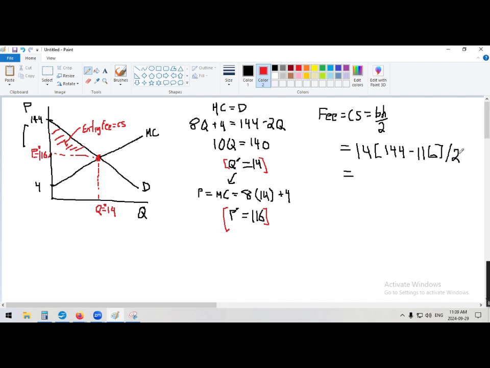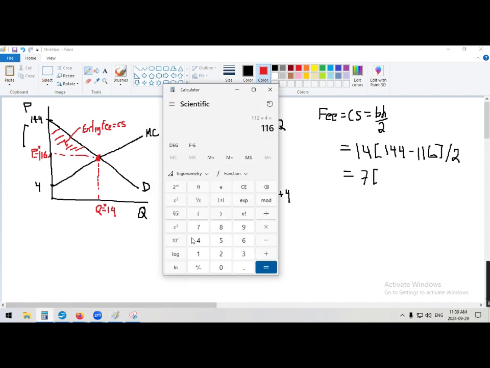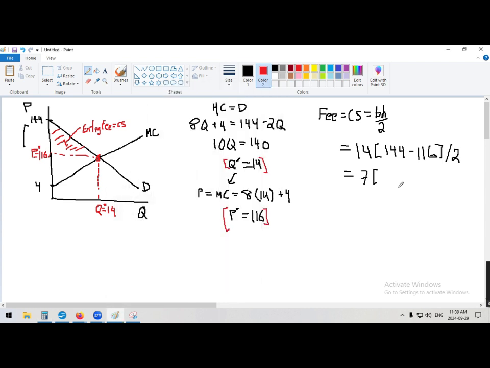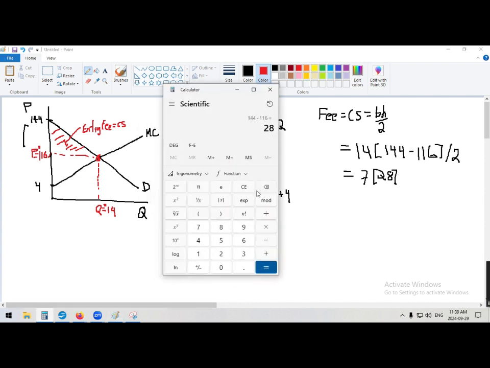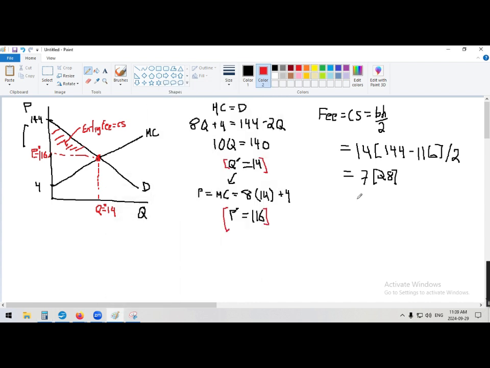So 14 divided by 2 is 7 in front. And then in the bracket, 144 minus 116 is 28. And we have 28 times 7, which is 196. That's going to be the entry fee here.